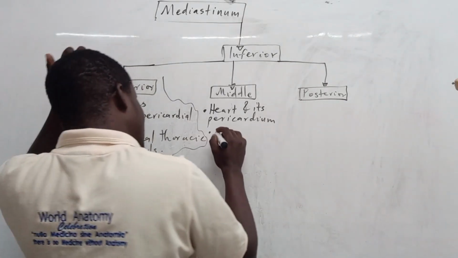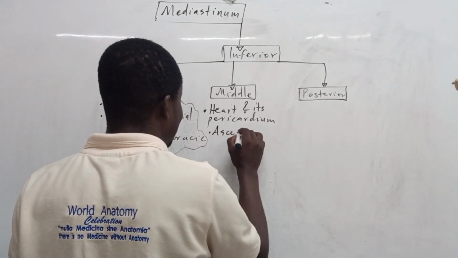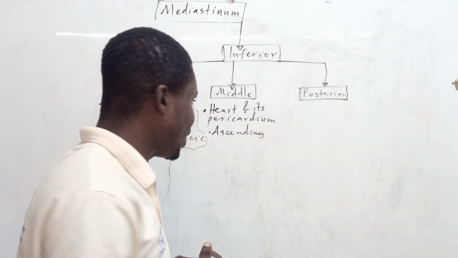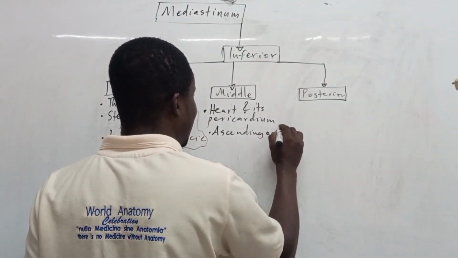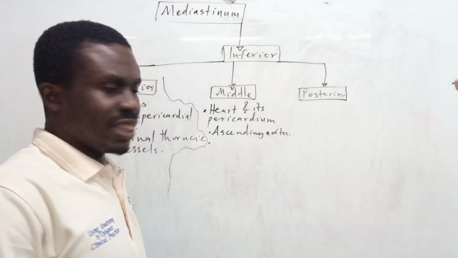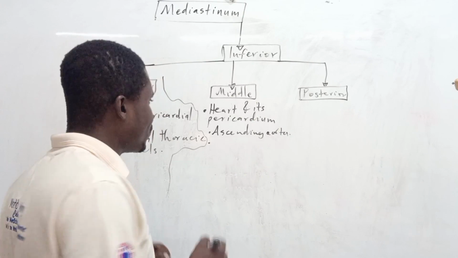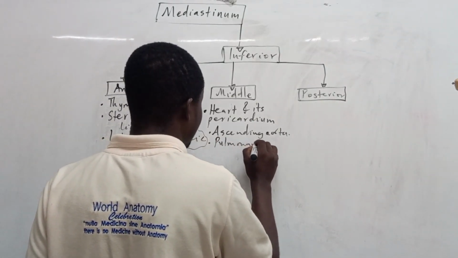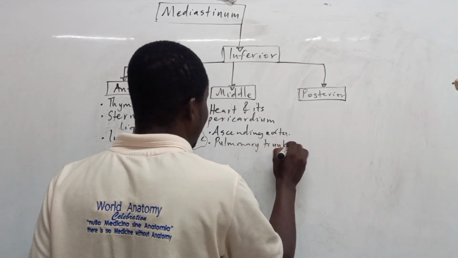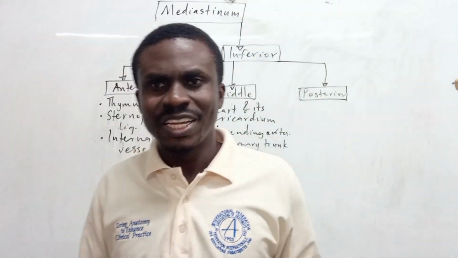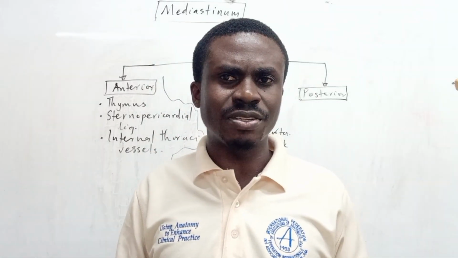So we said we are going to have the ascending aorta. Remember that the arch of the aorta was in the superior mediastinum. Ascending aorta, and not only that, we talk about the pulmonary trunk. Now, if I talk about the ascending aorta, then it makes sense that we talk about the coronary arteries.